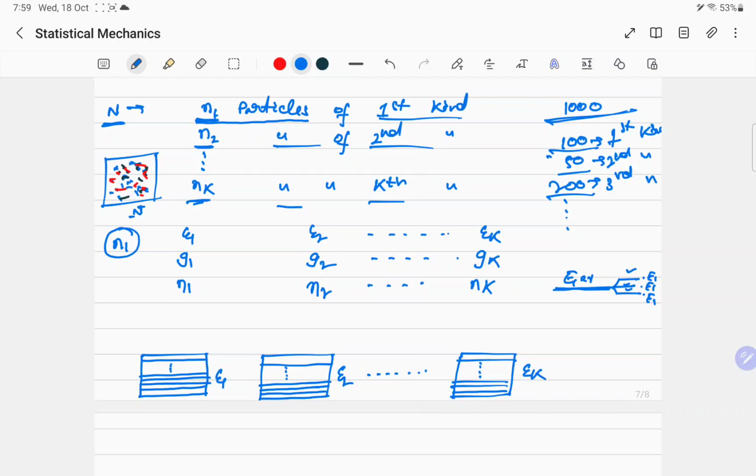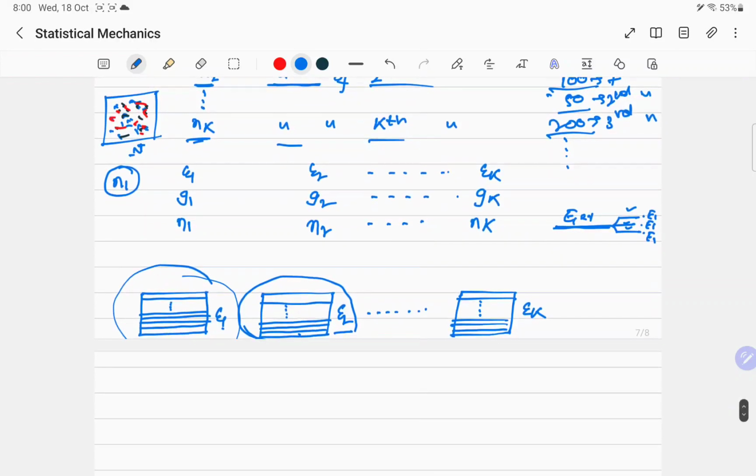I am arranging n1 particles from the n particles in the first cell, having energy epsilon 1 and degeneracy g1. Next I am arranging n2 blue balls from the n total balls in the second box, having energy epsilon 2 and degeneracy g2. This is our first goal.